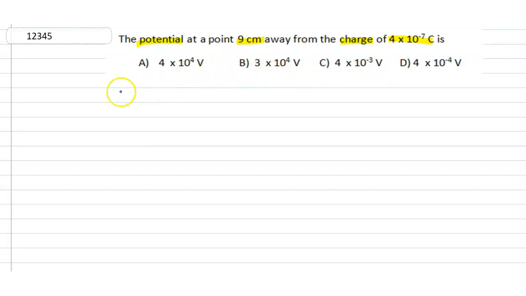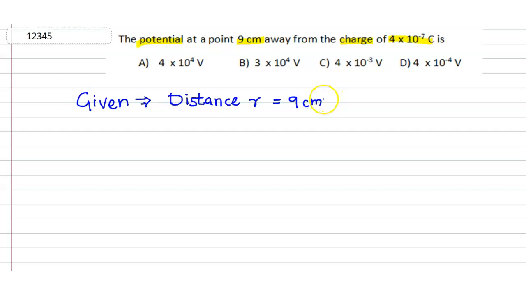What given quantity is in the question. So we write here the given. First is the distance, denoted by r, which is equal to 9 centimeter.